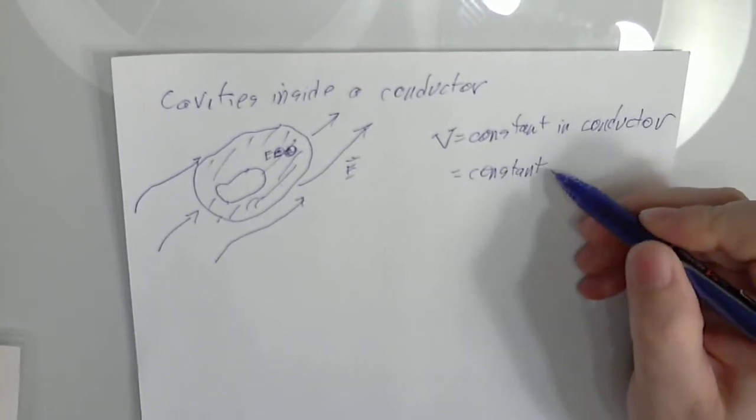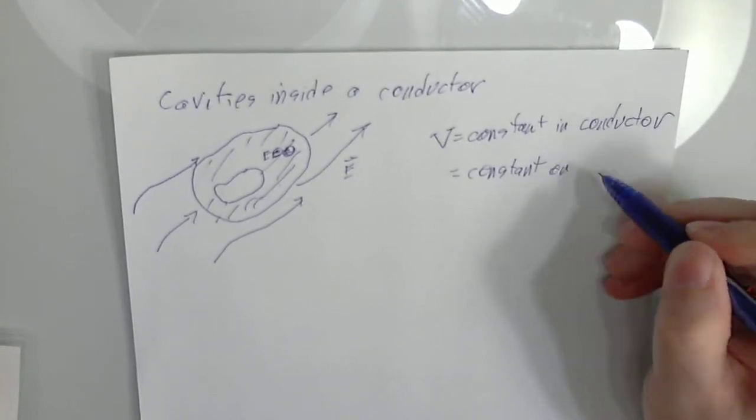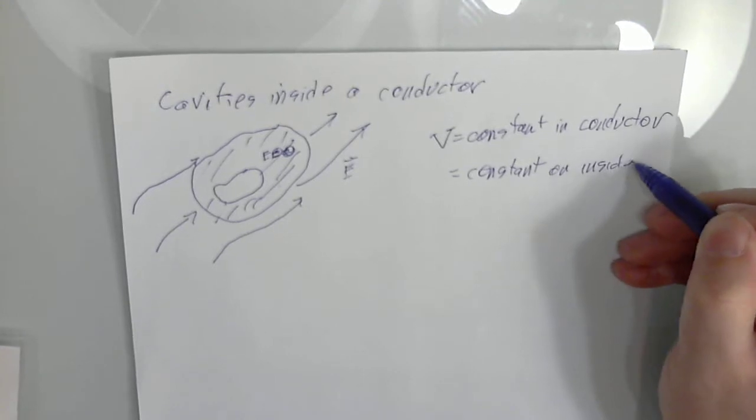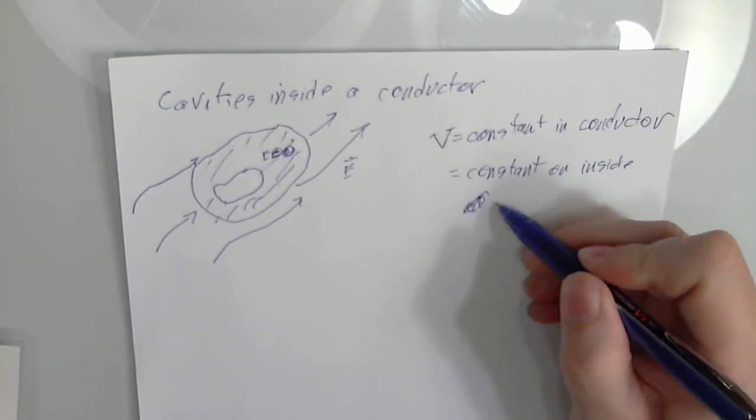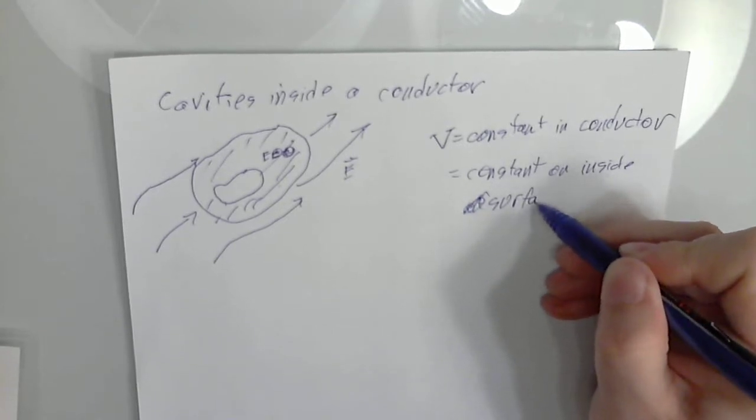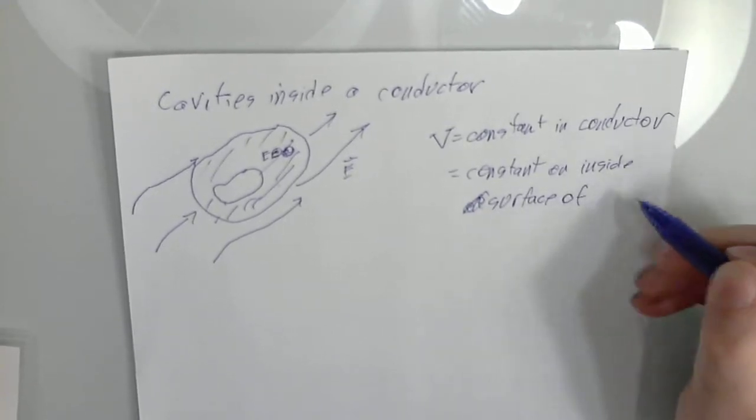We have a constant potential, an equipotential, on the inside of the cavity. I guess I should say the inside surface of my cavity.